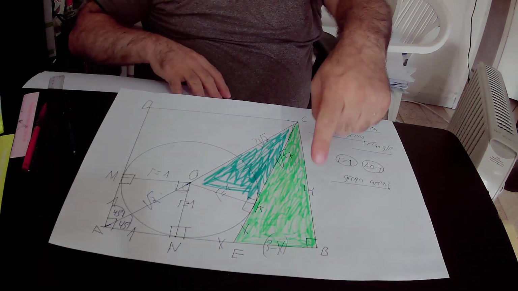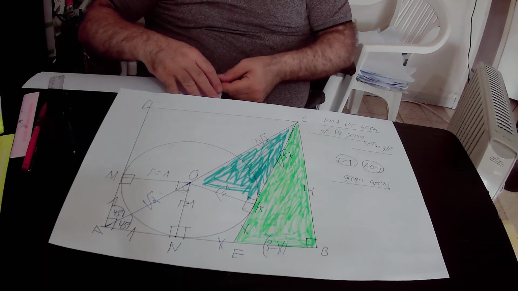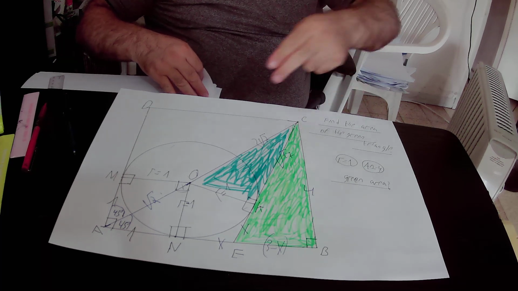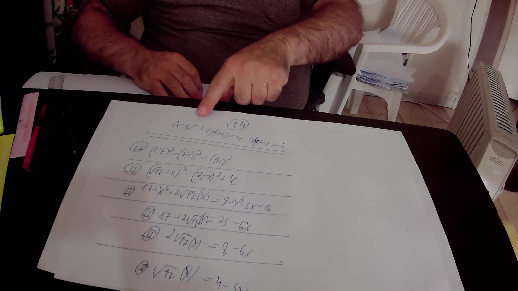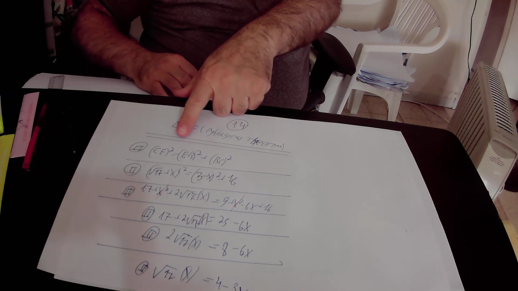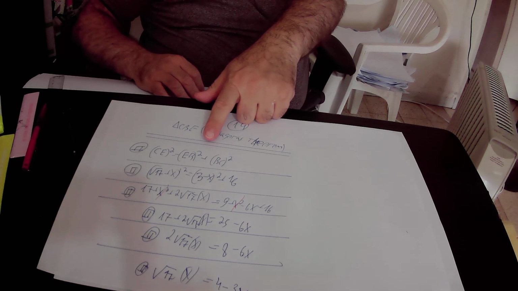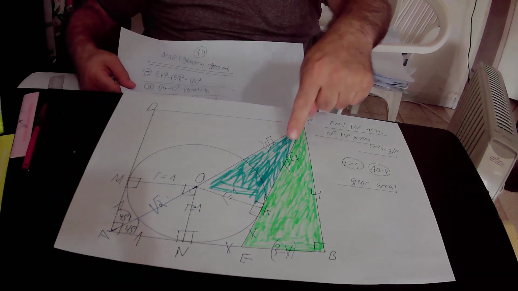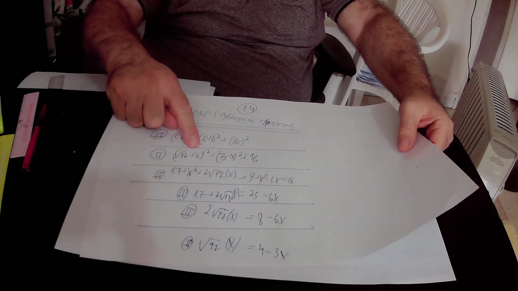Then we focused on the right triangle CEB, and according to the Pythagoras theorem, the square of the hypotenuse equals the sum of the squares of the perpendiculars in the right triangle CEB. The hypotenuse is CE, therefore the square of the hypotenuse is CE squared. It equals EB squared plus BC squared. CE equals square root of 17 plus X, so CE squared will be equal to (square root of 17 plus X) squared.